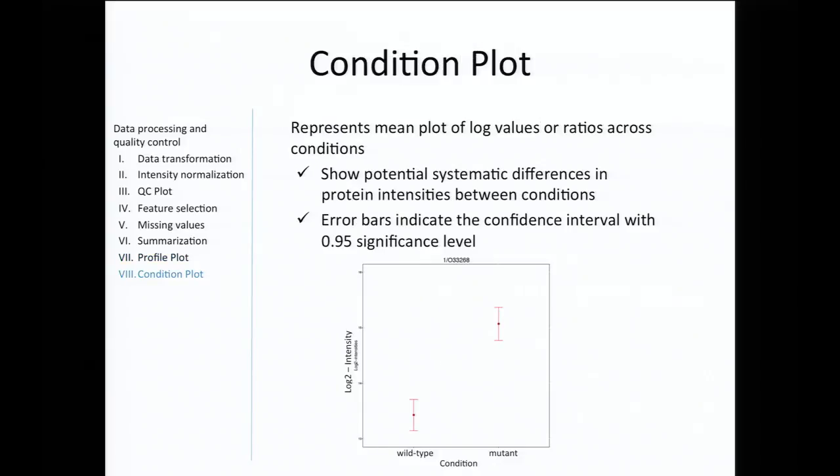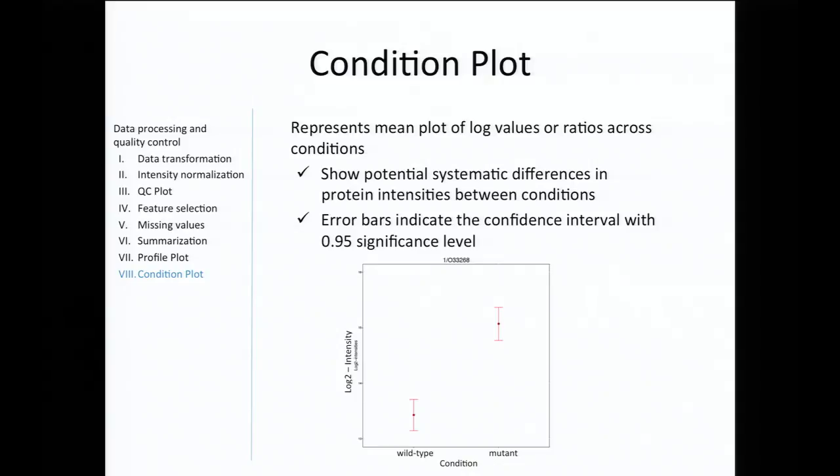So the last visualization that MSstats does for this first processing step is the condition plot, which represents the mean plot of the log values or the heavy to light ratios across the different conditions. And this can show you potential systematic differences in the intensities between those conditions.